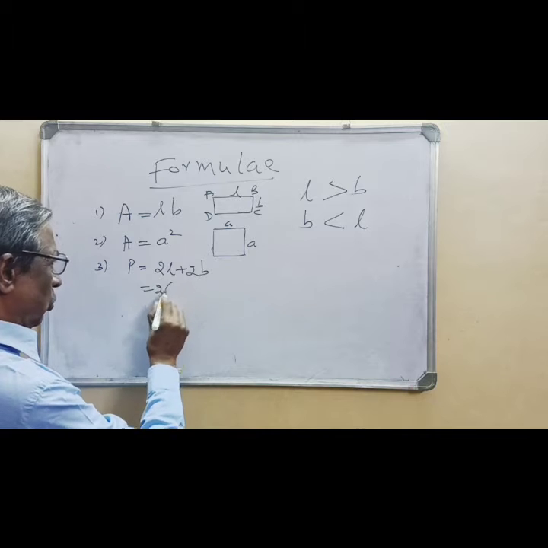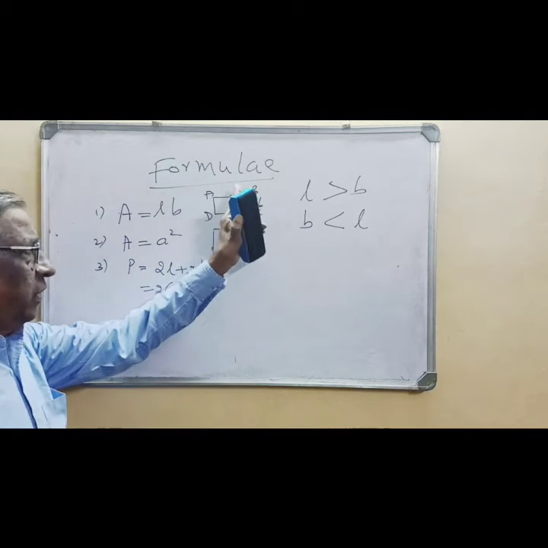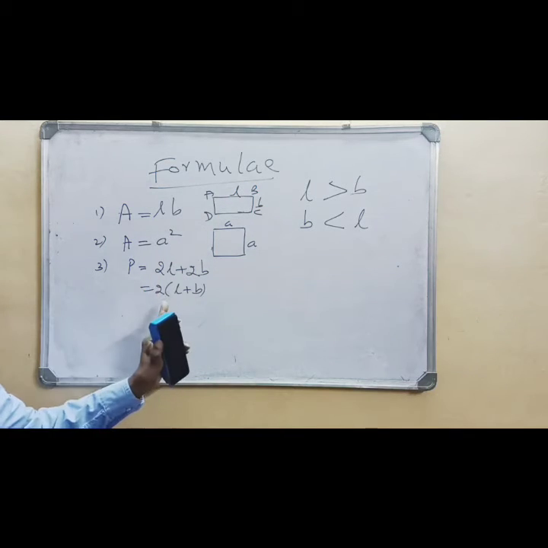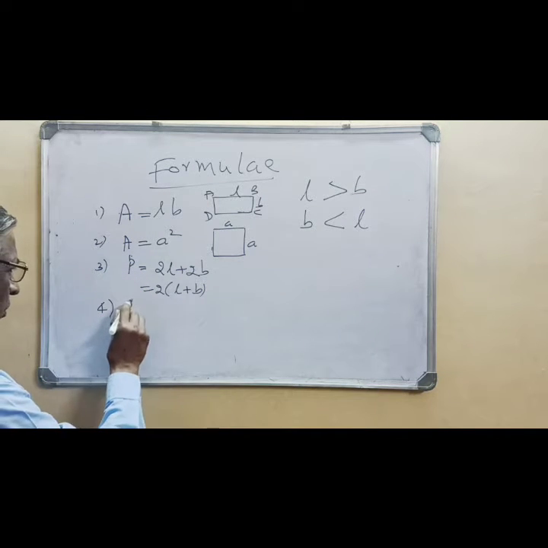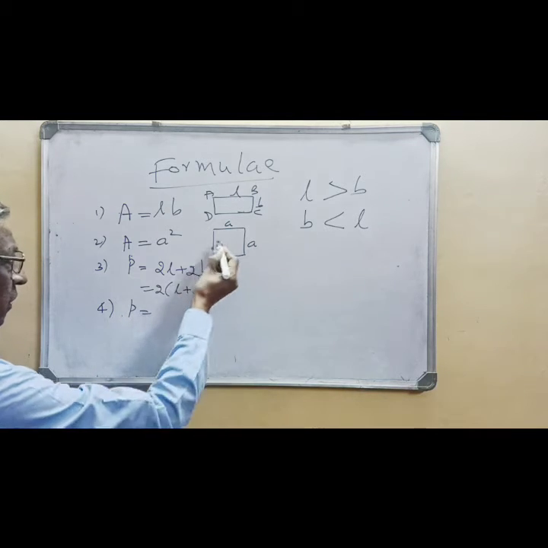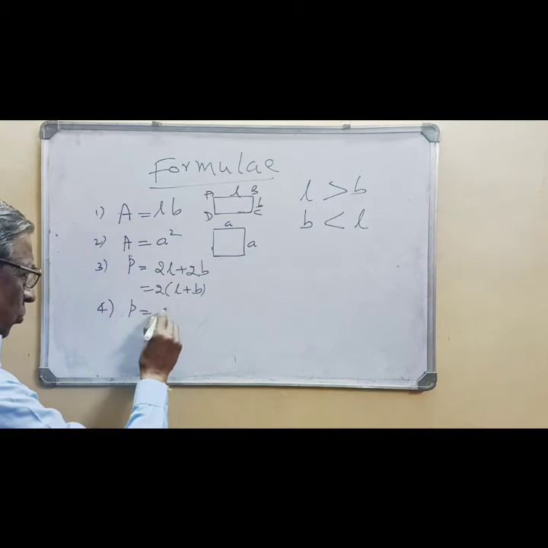If you take 2 common, you will get 2(L plus B). Sum of the length and breadth, and double it, that will give you perimeter. For the square, perimeter is small p, and in this case all sides are A plus A plus A plus A, so you will get 4A.